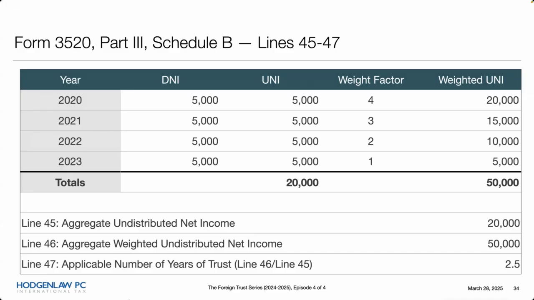And you can see now where I got the source of line 45 and 46 from those two numbers, the actual UNI divided by the weighted UNI, the aggregate weighted UNI, the 50 grand divided by the 20 grand, and that gives you line 47, the weighted time delay.